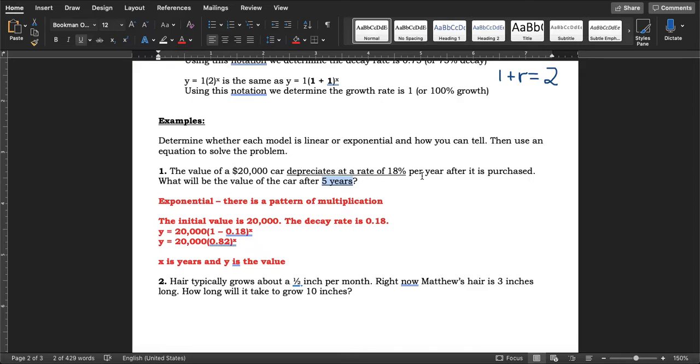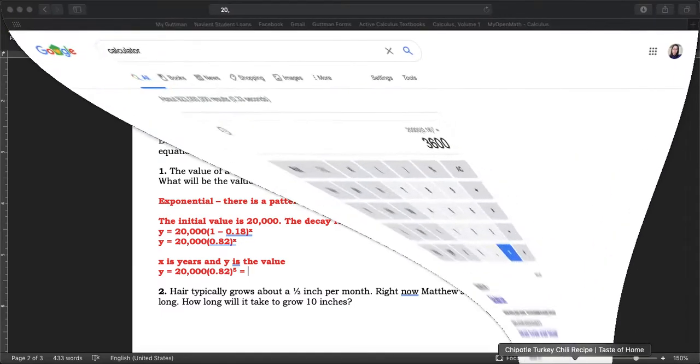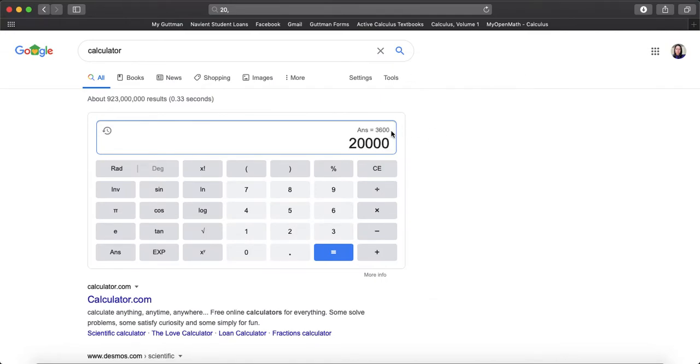So if you're going to use an equation to solve a problem, you have to know which variable to plug a number into. So since X represents years, I'm going to plug 5 into X. And then I can use my calculator on Google. 20,000 times 0.82 to the power of 5.